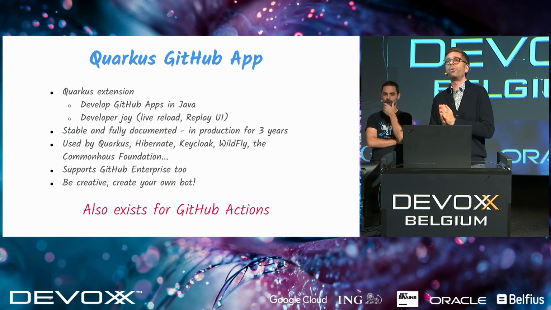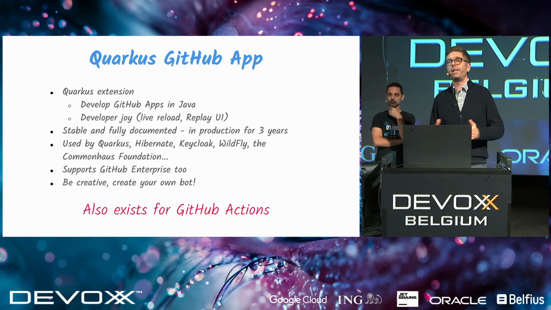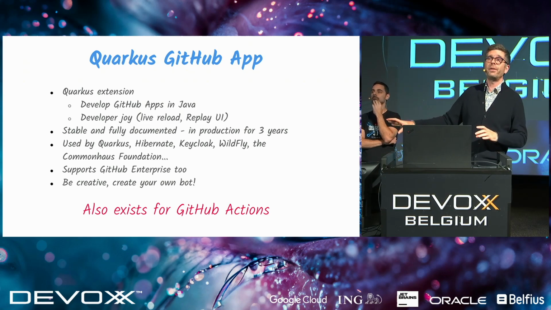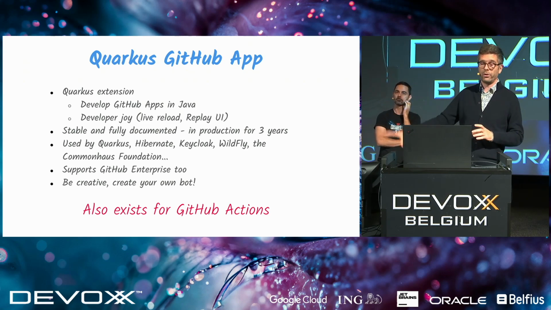It's stable and fully documented. It has been around for 3 years. We are using it every day. It's used by a lot of projects: Quarkus, Hibernate, Keycloak. Also, the Commonhaus Foundation recently started to use it. It also supports GitHub Enterprise, so if you have your GitHub Enterprise instance, you can use it.